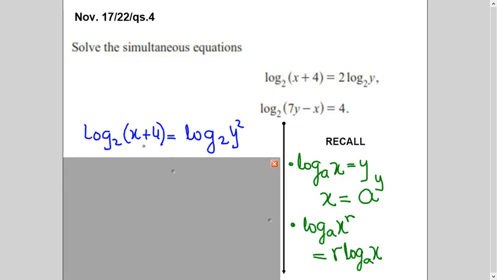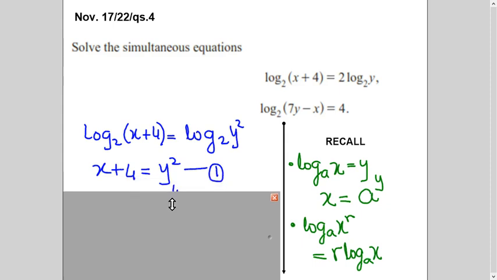I have only one term on each side of the equals sign. If log base 2 of this number equals log base 2 of that one, they are equal, so we can remove the log and it becomes x plus 4 equals y squared. So you got one equation from this logarithmic function.